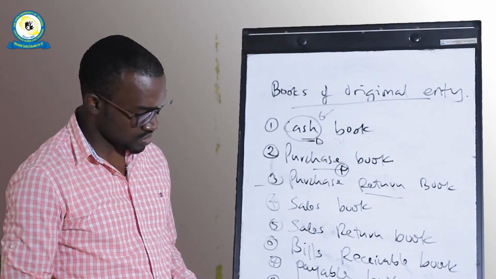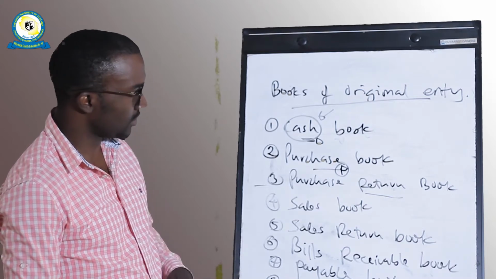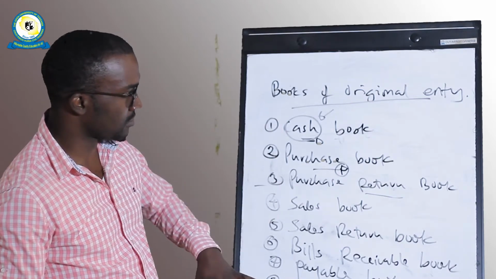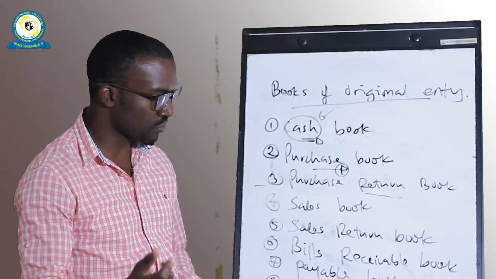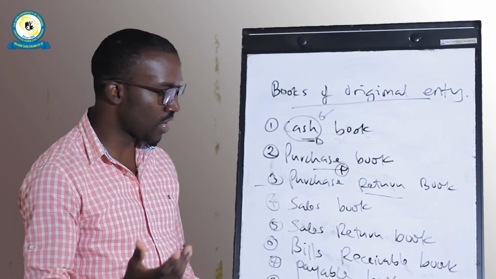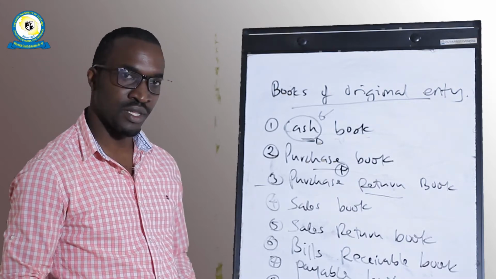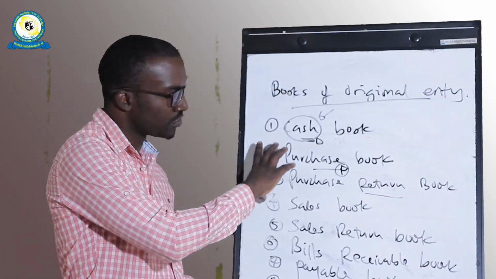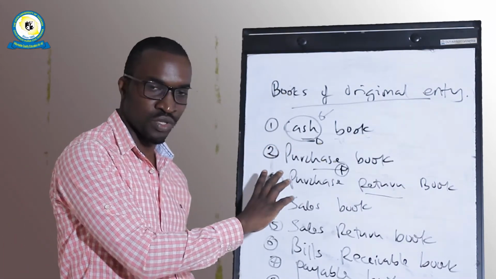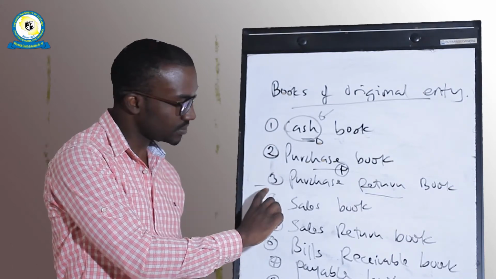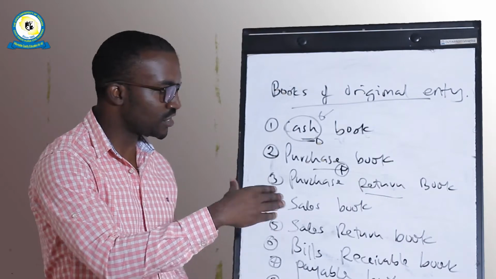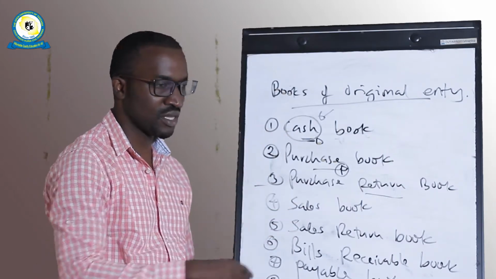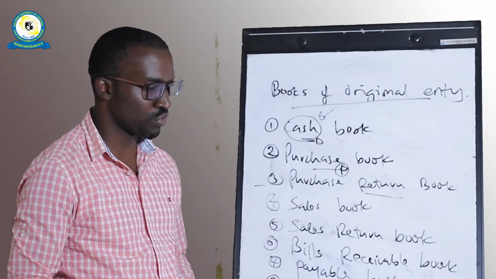Okay. So in a nutshell, these are the books of original entry. I wanted to make you aware of them, as this was what the question required: you were supposed to mention at least three of them and come up with a bit of explanation of what kind of transactions you would find in these books of original entry.